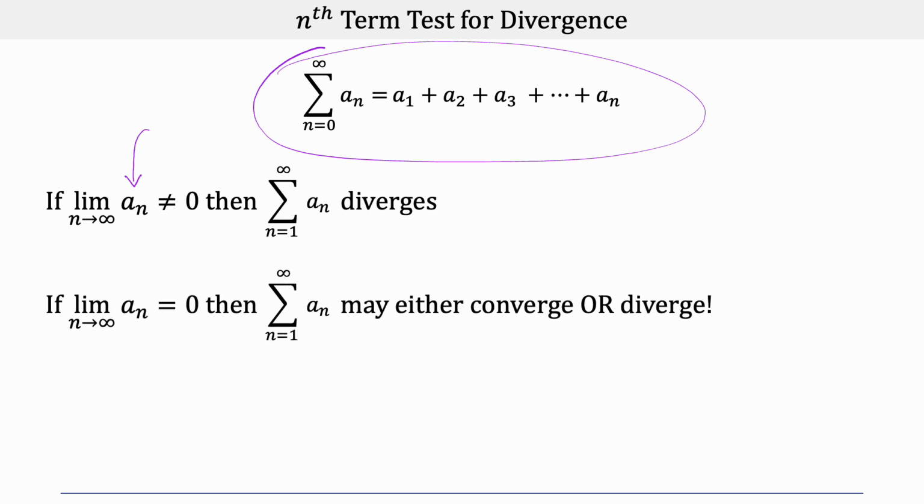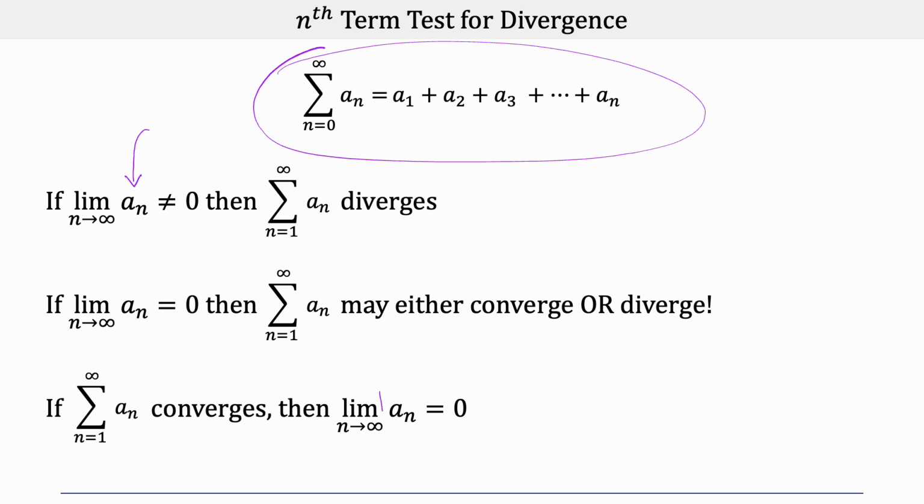Now, if the terms do go to 0, then the series can converge or diverge. You actually don't know yet. But at the end of the day, here's what you do know. If you know a series converges, then the terms have to go to 0, because at the end of the series, you want to just be adding a bunch of zeros together.